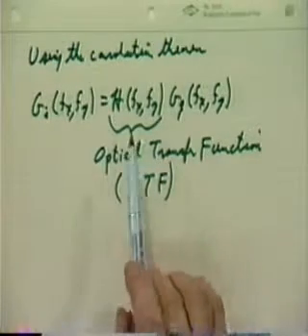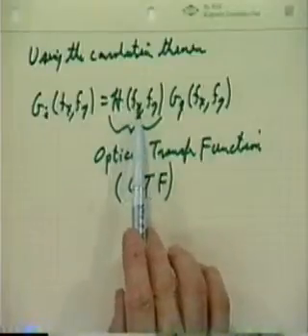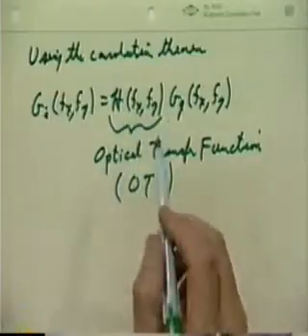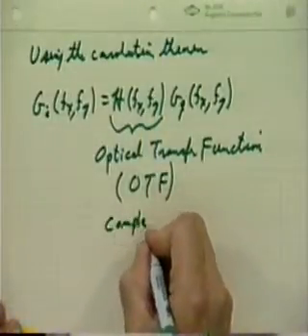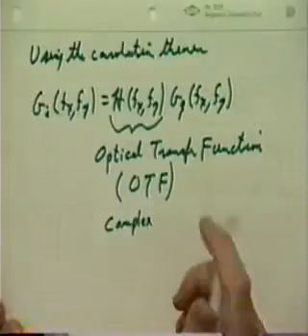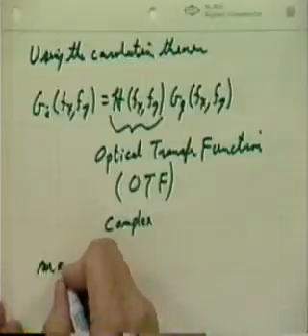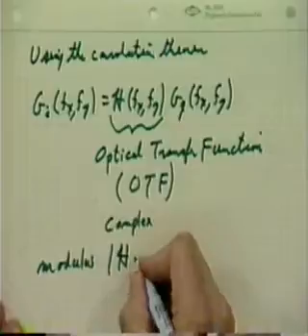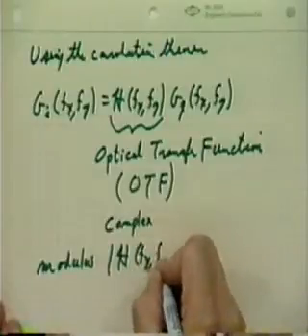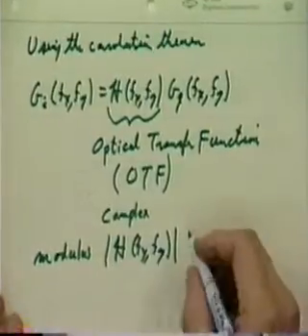And so this was given by the normalized Fourier transform of the intensity point spread function. And in general, this can be complex. So we have a magnitude and we have a phase. And we take the magnitude of this, say the modulus, and we call that the modulation transfer function.